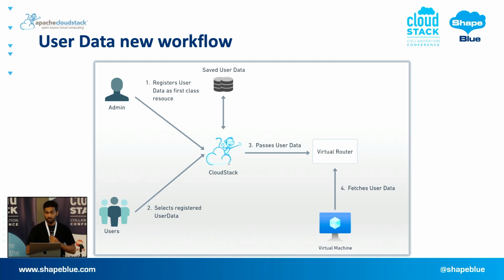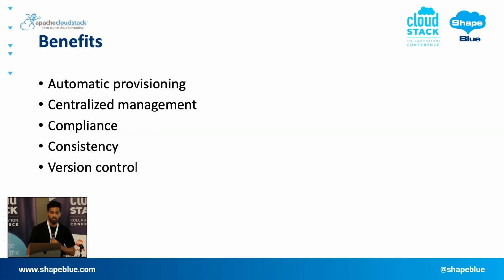Again, it's that simple, but the benefits we get out of it surprised even me. I didn't know this when I was talking to Rohit and the others. We got to know all these things. The first thing is automatic provisioning. That's given when we normally use user data, whether it is registered user data or normal user data: we deploy the instance based on that user data. So automatic provisioning comes from the user data itself.